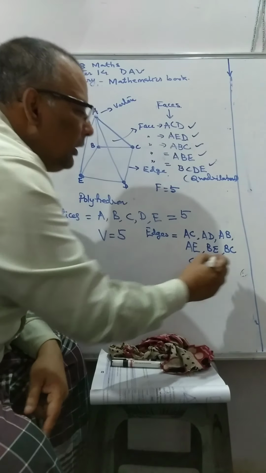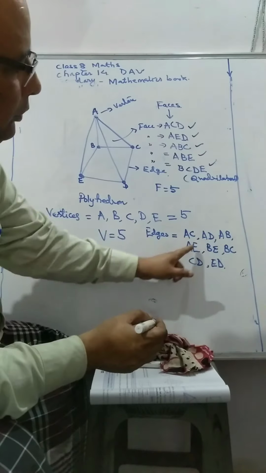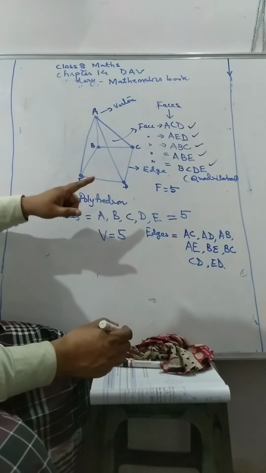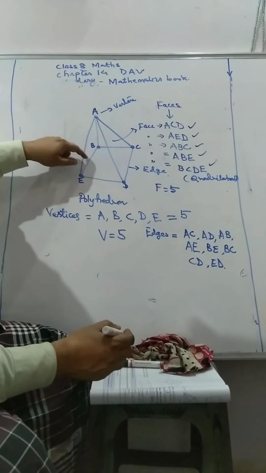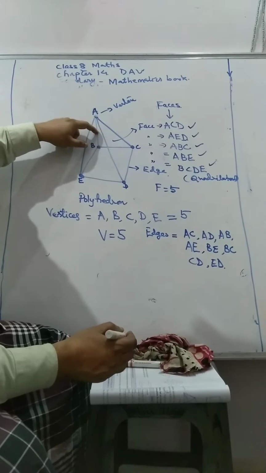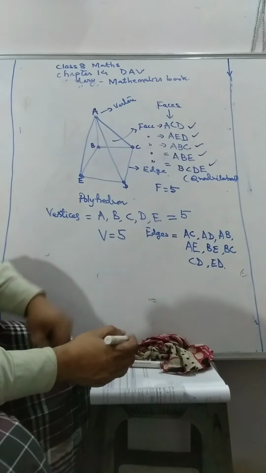So 1, 2, 3, 4, 5, 6, 7, 8. So there are 8 edges.